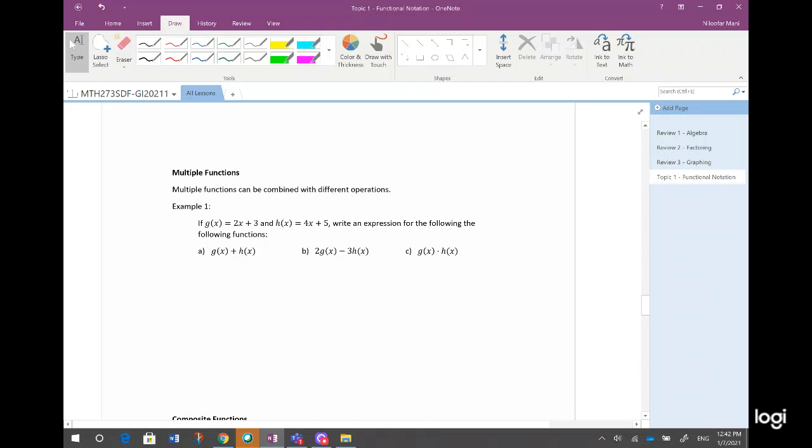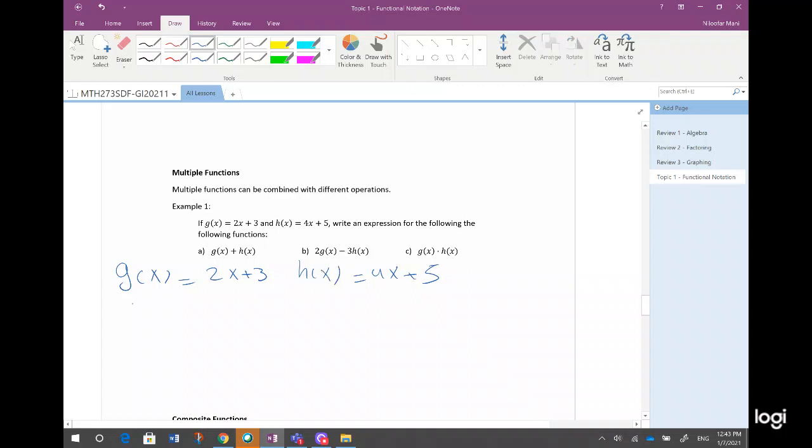I can combine them. For example, here I have g of x equals 2x plus 3. It means if I give x, it doubles it, adds 3, and gives me back the result. I have h of x equals 4x plus 5. It means if I give x, it gives me 4 times x and adds 5.